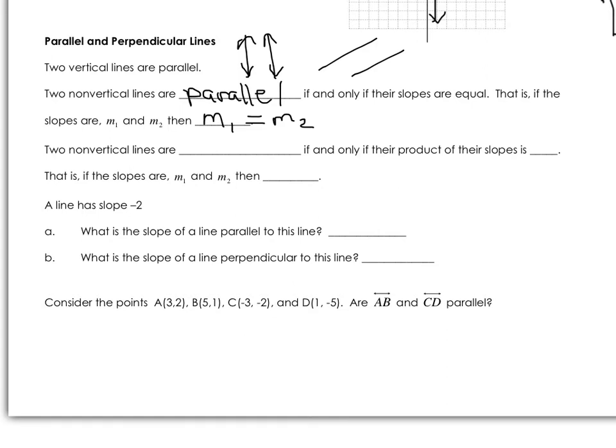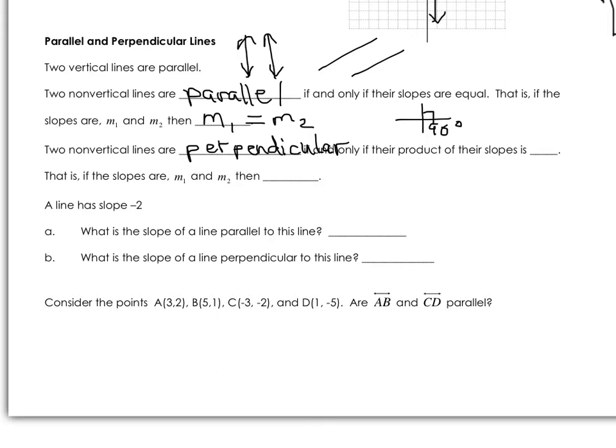Two non-vertical lines are perpendicular. Perpendicular lines intersect and create four 90-degree angles. We can represent a 90-degree angle by writing 90 degrees, or we can use our little box in the corner, and that means it's a 90-degree angle.